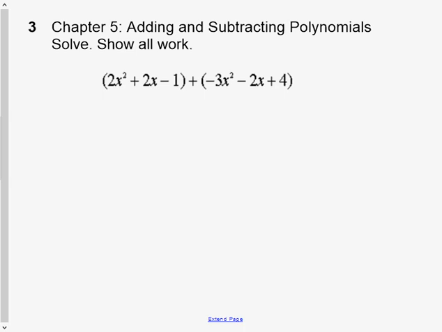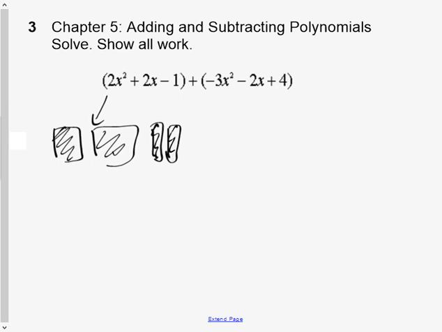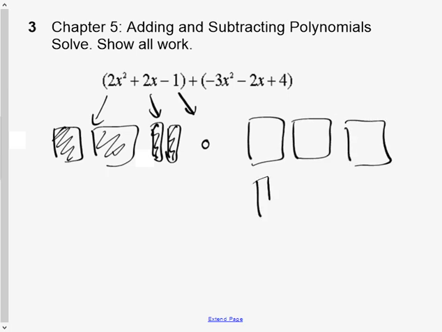And remember, when we did this, we think about this as being 2x squared, and this being 2x, and this being negative 1. And to that, we're going to add a negative 3x squared. I'm not shading them in because they're negatives. And a negative 2x, not shaded because they're negative. And a positive 4, and I'm shading them in because they're positive.